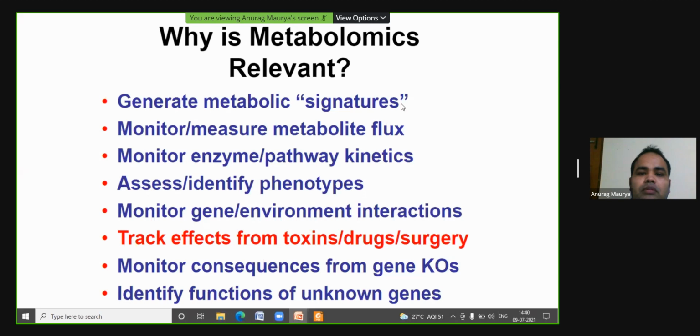In this way, you get a chemometric pattern of a particular treatment or a mental condition. Quantitative.